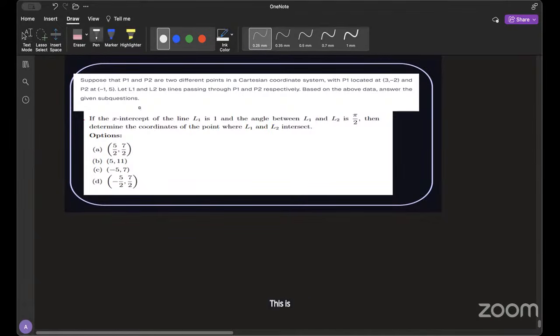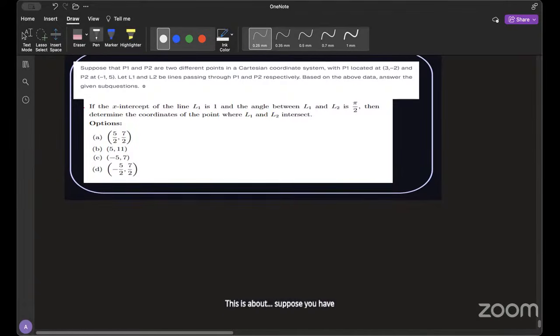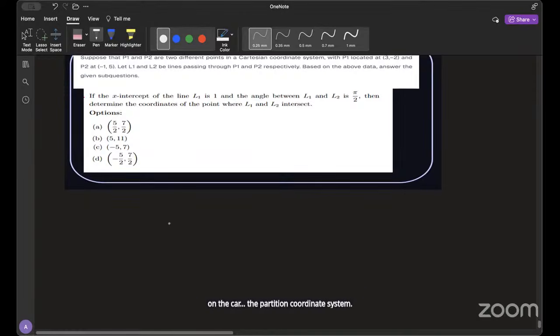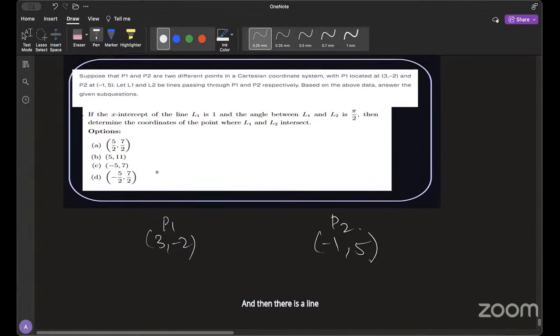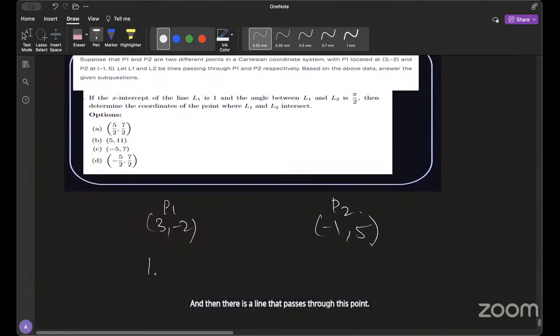This is about, suppose you have 2 points, P1 and P2, on the Cartesian coordinate system. Your P1 is, say, b comma minus 2, and your P2 is minus 1 comma 5. There is a line that passes through P1, which is L1, and a line that passes through P2, which is L2.